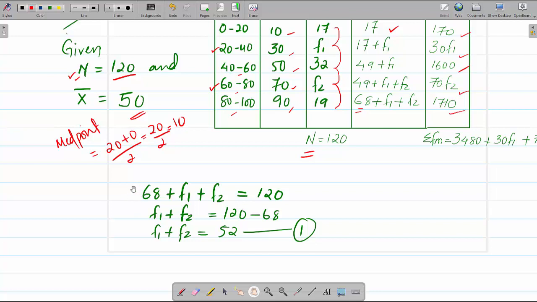There's a plus value here. If there's nothing, that means it is plus. So if you move it to the other side, it will be minus. Now 120 minus 68 will be equal to 52. So you can write this as equation 1. Equation number 1. Okay, so keep it like this for now.